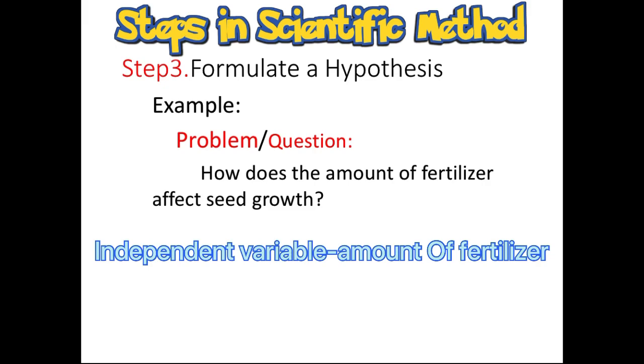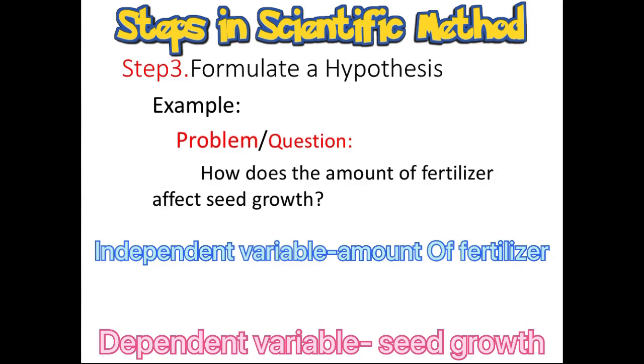So, ang epekto nito ay siyang magiging responding variable natin or dependent variable. At ang ating dependent variable ay ang growth ng seeds. That is because this is the variable that responds or changes because of our manipulated variable or independent variable.